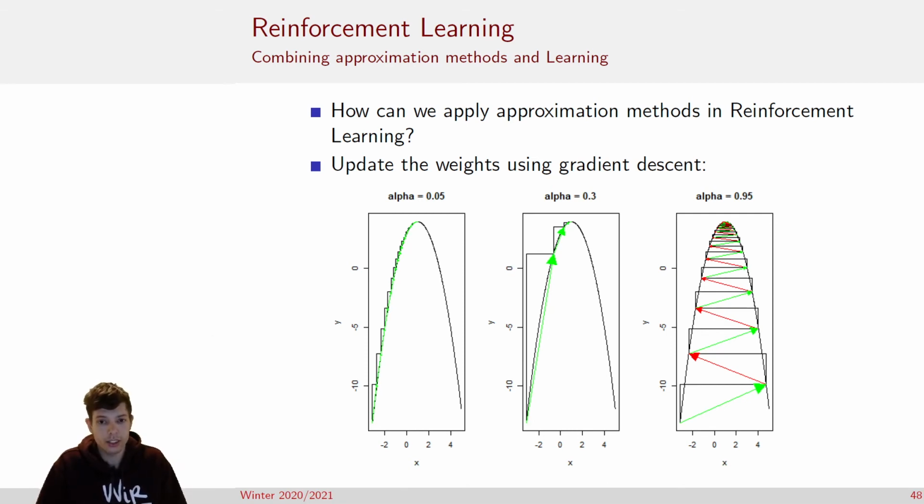And we can do this by using the gradient descent method. So what we are doing there is we compute the derivative of our value function approximation or our action value function approximation with respect to both the weights and the biases.